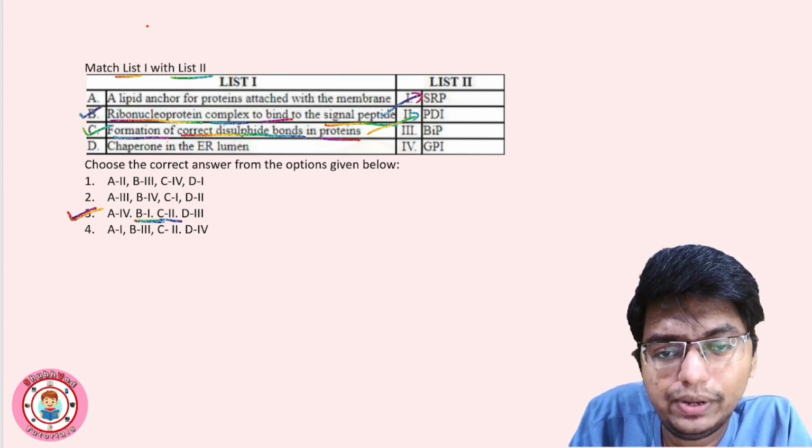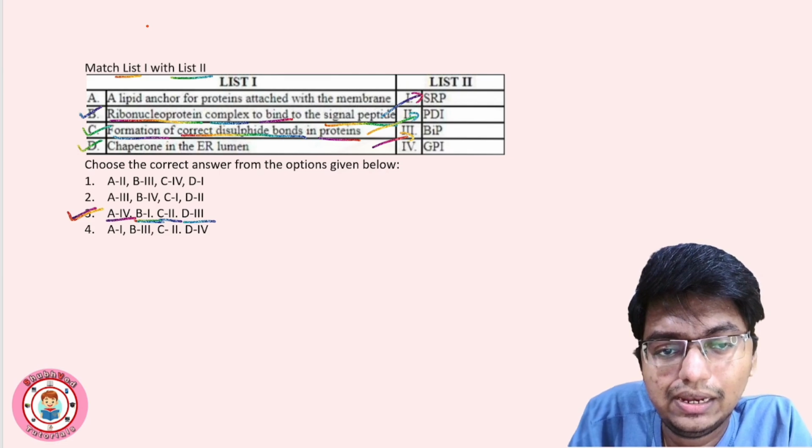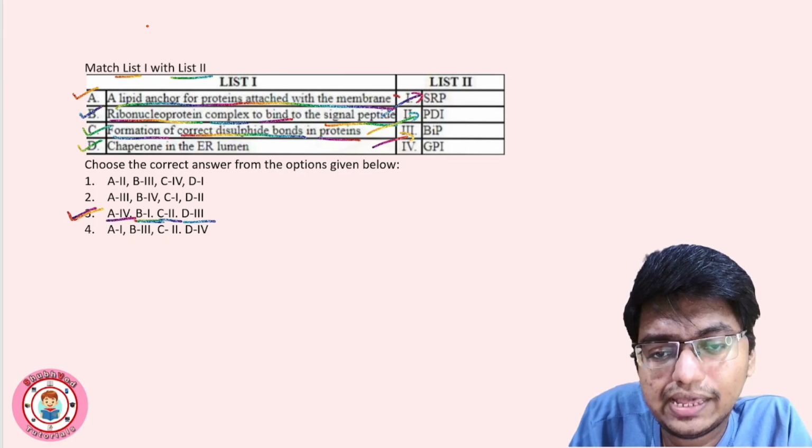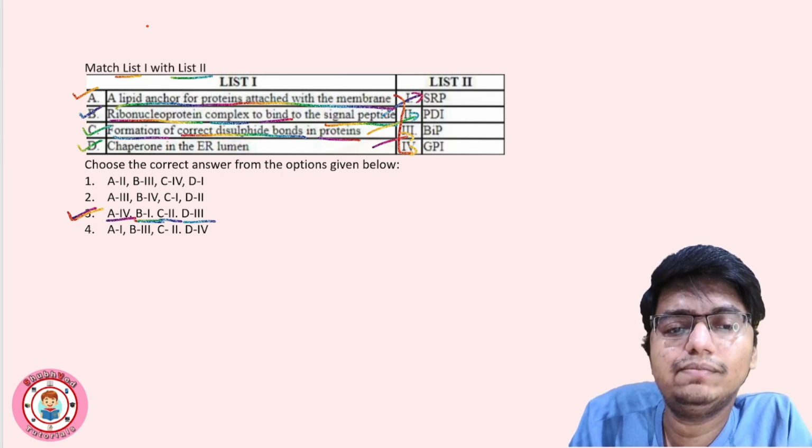Chaperone in the ER lumen is BiP, D3, and A4: lipid anchor for proteins attached with the membrane. Basically this is PPI, A4. Okay, we get it from a single option itself, right?